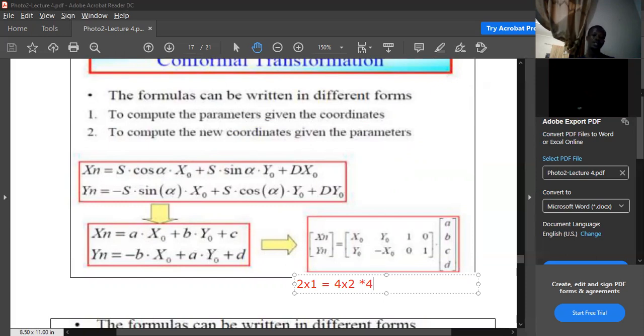Okay, I think I'll have to revise this again. In matrices, once you write something like this, you cancel the 4 and the 4, you get 2 by 1. So 2 by 1 is equal to 2 by 4 times 4 by 1. Okay, so we have this situation.